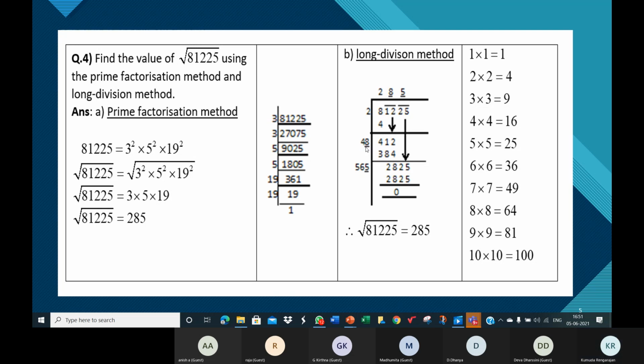And after 4, you're going to place a digit. So don't write 4 very close to the margin. Just leave some space after 4. You can see it, I've underlined here. After 4, you'll have to place a digit here. Whatever digit you place here must be placed here. I said double the quotient.